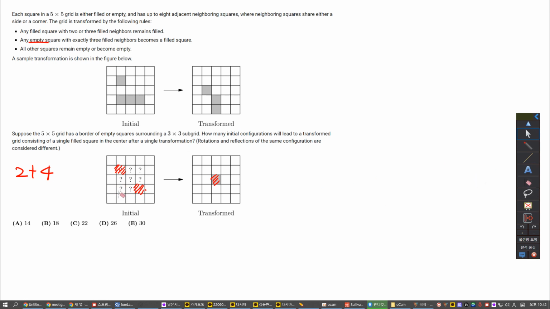And then maybe we can move one of these to the edge like this, right? And still this empty square will be filled because it has 3 filled neighbors. And for this grid, this will be empty. It starts filled, but it has only one filled neighbor, so that's why it becomes empty after transformation.